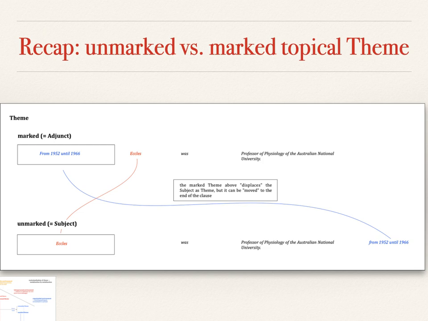So in this version, as you can see, the marked theme displaces the subject as theme. But if you started with that, you could move it later in the clause to some position within the rheme, in which case you then reinstate the unmarked subject theme.